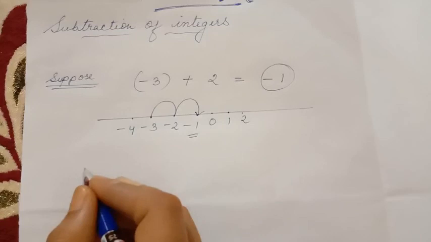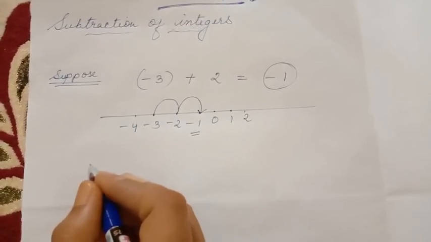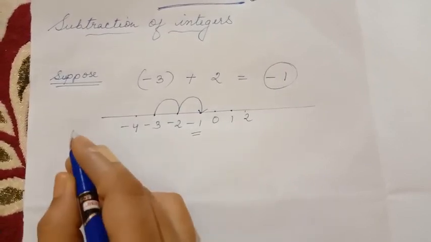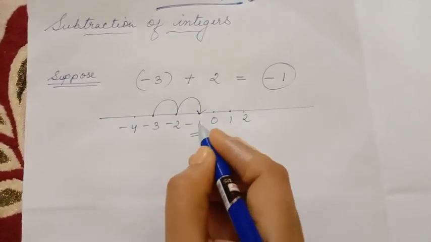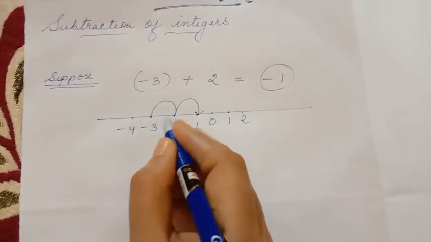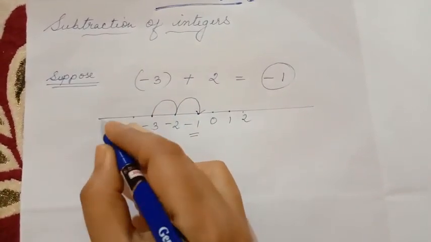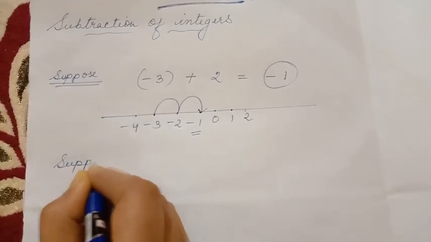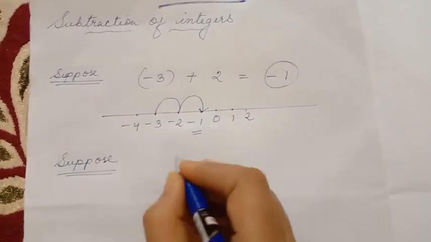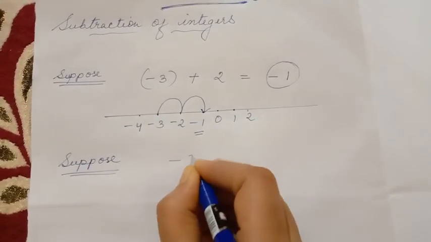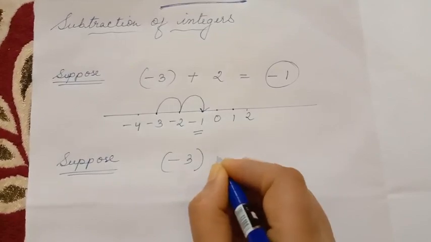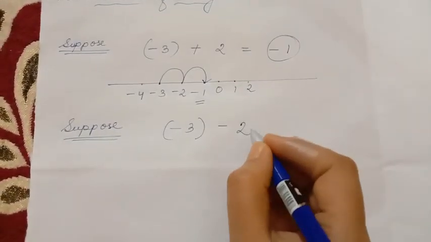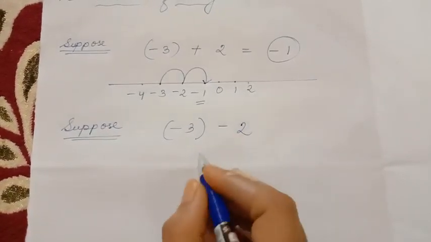Just opposite of that, to subtract a positive integer, you have to move to the left. For addition, you have to move to the right, and for subtraction, you have to move to the left. So suppose same number we are taking, -3, now minus 2. Subtraction.